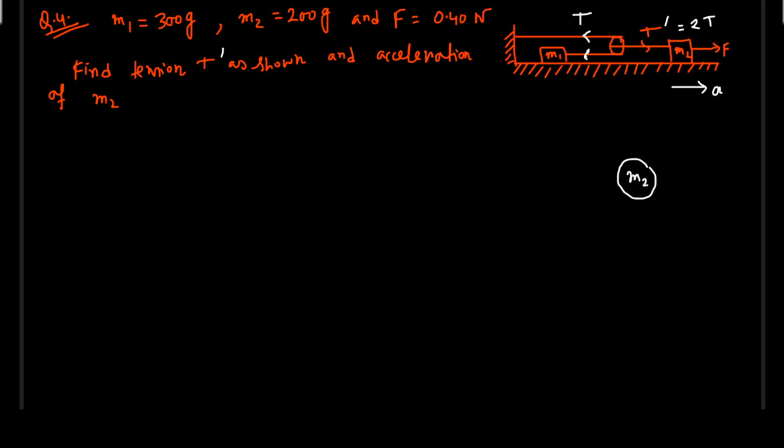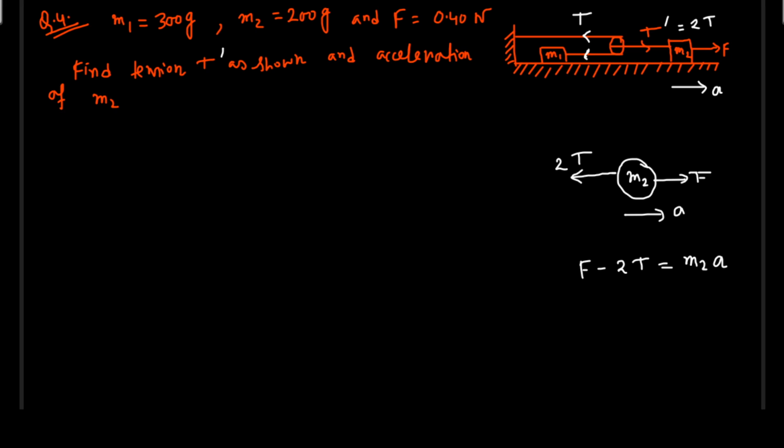One force is along this direction, the tensional force will obviously be along this direction, 2T, and the acceleration is along this direction. So the equation of motion will be F minus 2T is equal to m2 a.